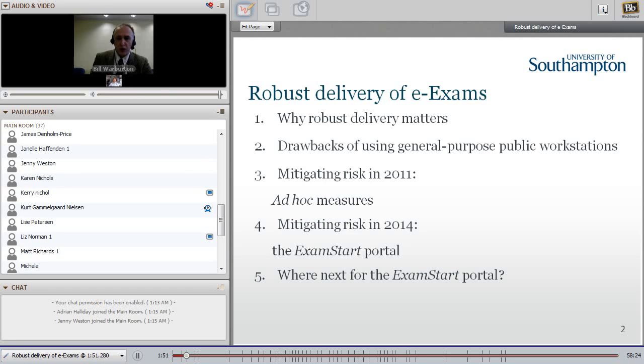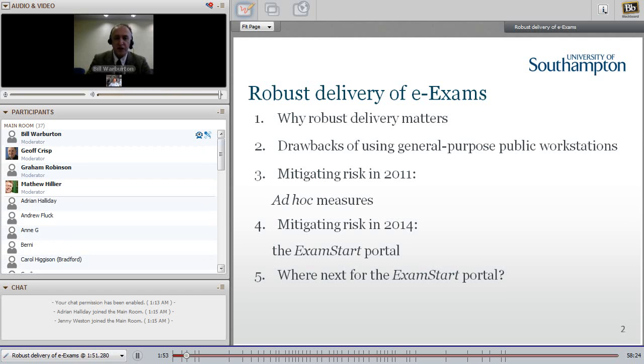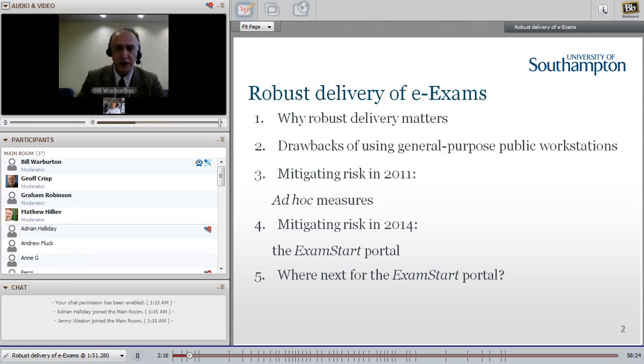So there are 5 things that we really want to go through. We're taking the trouble to invest a certain amount of time and effort in doing this in the first place. In particular, for the second point, the problems that we've confronted using general purpose public workstations, which most people in the game find a similar challenge.